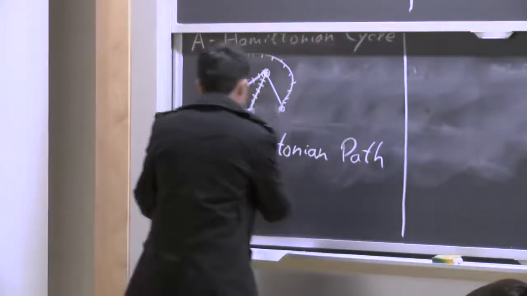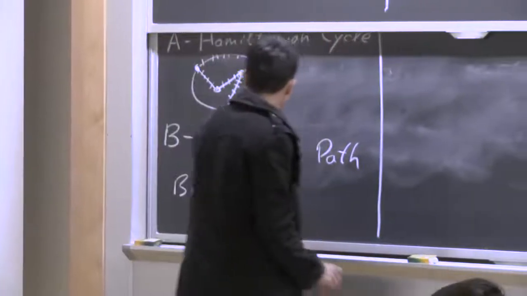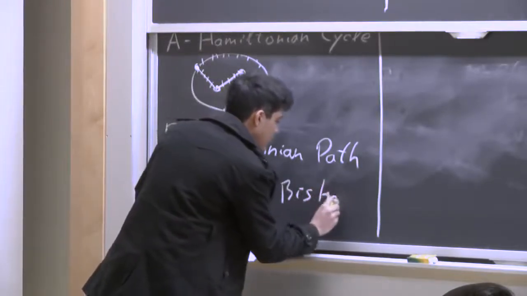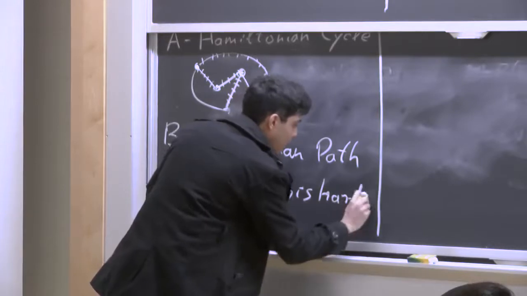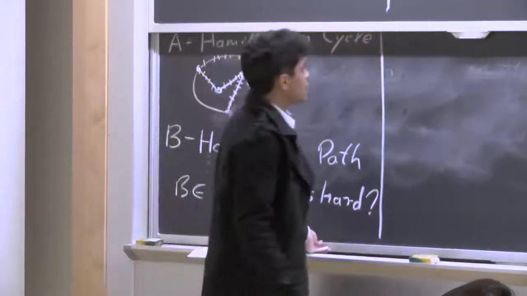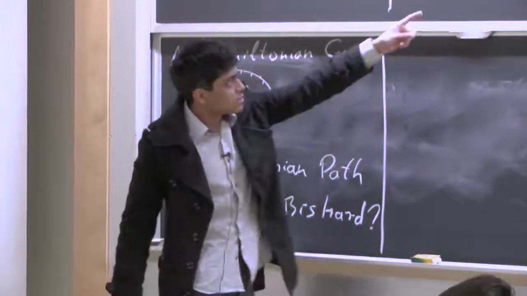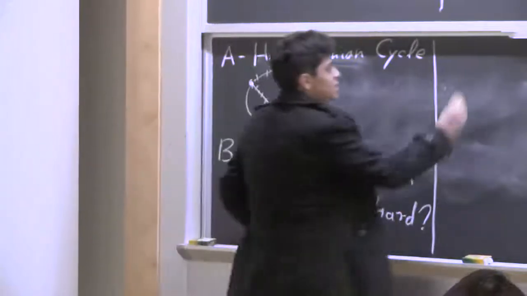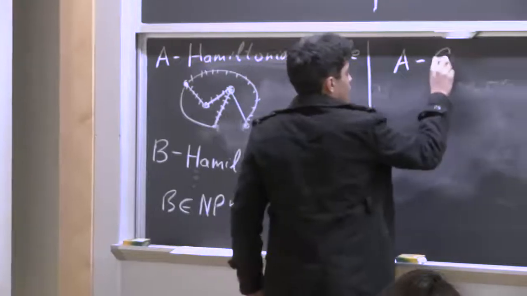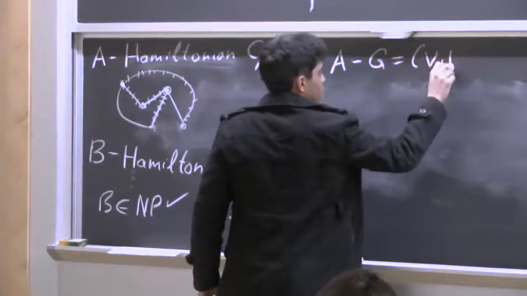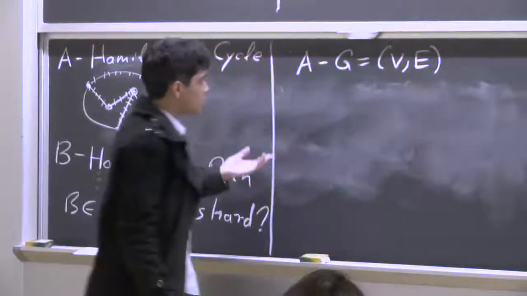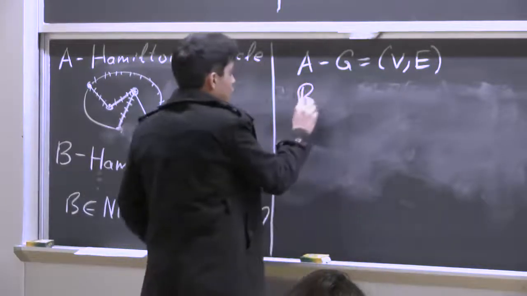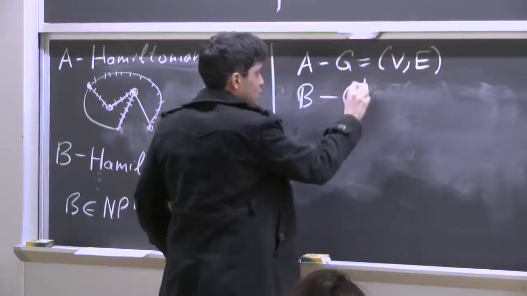So this is true. Now what we will show is B is hard. The way we do that is we do a reduction. The reduction is, given an input to the original problem A, let's say an input to A is in the form of a graph, and now you have to transform this graph somehow to G dash.